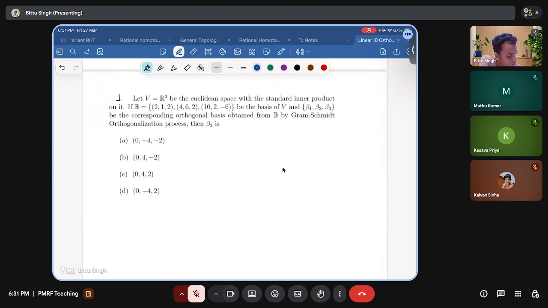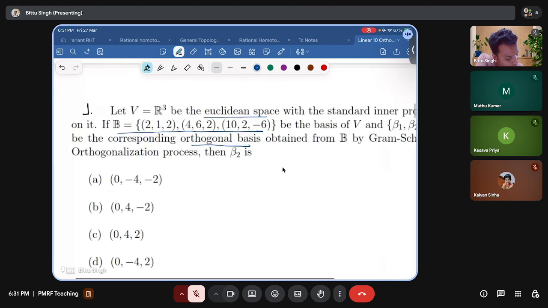In this question, V is the standard Euclidean space and a basis is given for this R3. The thing is, we need to find a corresponding orthogonal basis. So let me rename those things.